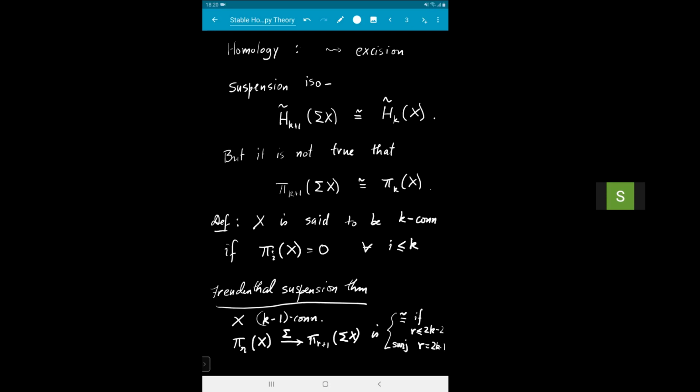But this Freudenthal suspension theorem is a special case of that. What this tells me is that if I try to isolate this range where you have the suspension being an isomorphism, it would behave like homology, and that is the case.